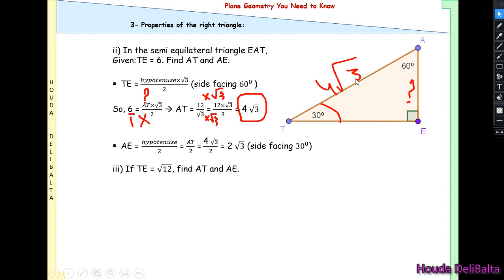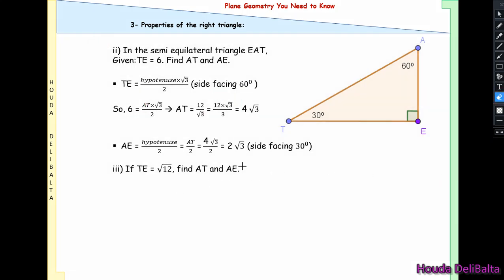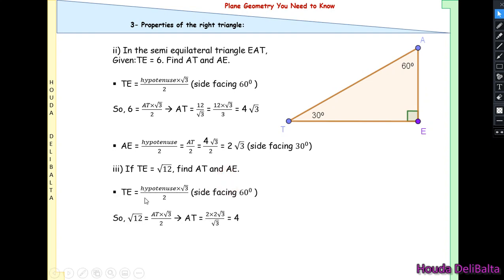Now, on the same figure, suppose that TE equals radical 12. So again, TE, the side facing 60, suppose that it's equal to radical 12. Let's find again the hypotenuse AT and the side facing 30 AE. Again, we write the rule.